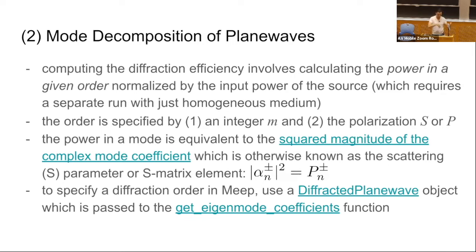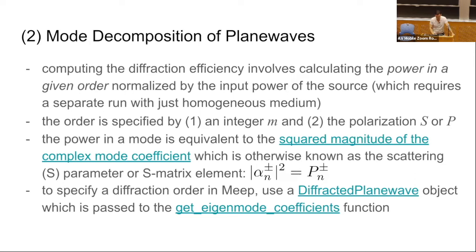And then we do our real simulation. So this is a general thing in Meep. When you're computing these kinds of normalized quantities, you always need to do these reference calculations with just the source in the source medium to compute the input power. And then you do the actual simulation, in this case with the grating, to compute the power from your structure, and then you divide the two to get a normalized quantity.